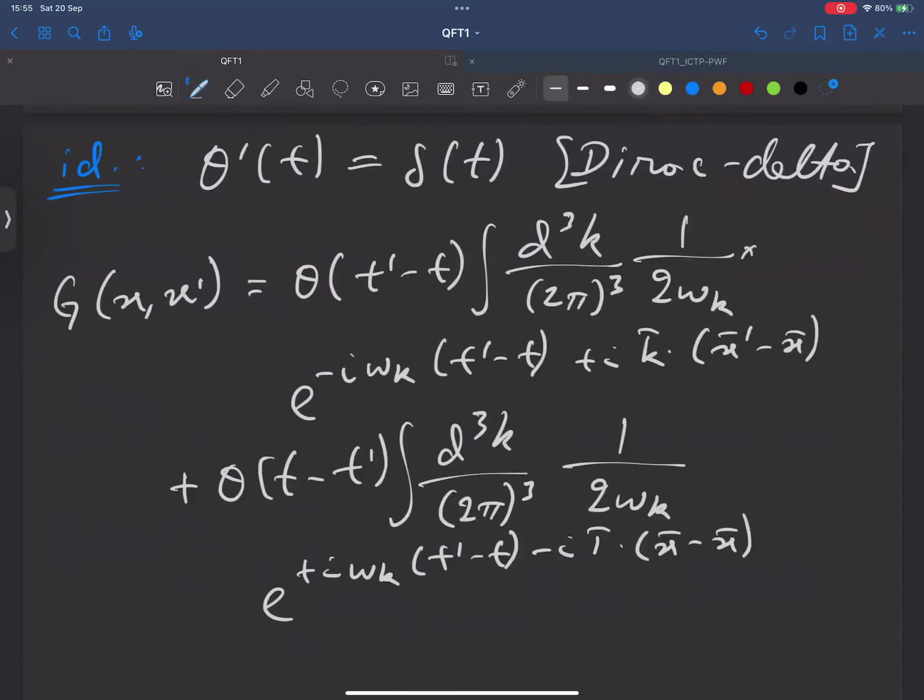Again, I'm just recalling that these bars are vectors, so they are actually arrows.